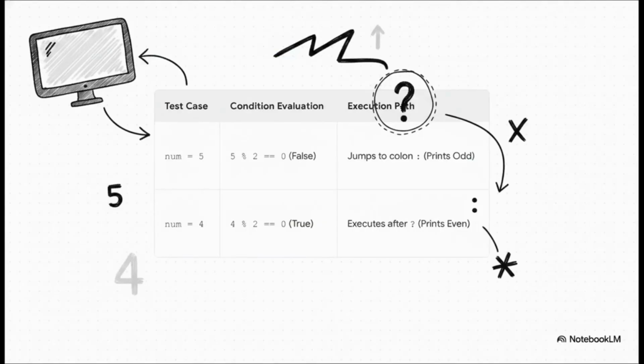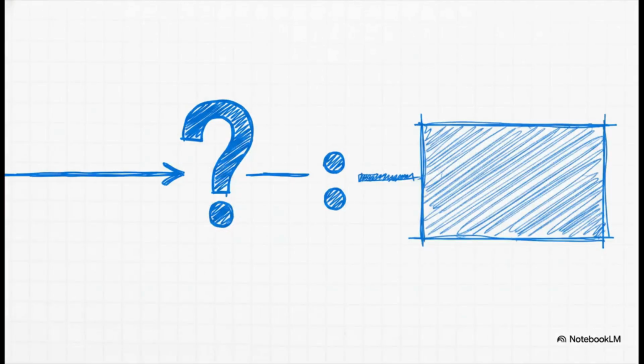Let's actually see how this works in a real, practical scenario. We're going to actively play computer for a second and trace 2 test cases step by step to prove exactly how this flows. We've got 2 numbers to test, 5 and 4. We'll evaluate the condition for each and then watch the exact execution path the computer chooses based on our new ternary operator syntax. All right, let's trace our first test case in detail. We set our variable num to 5. The computer approaches our single line of code and hits gate 1.